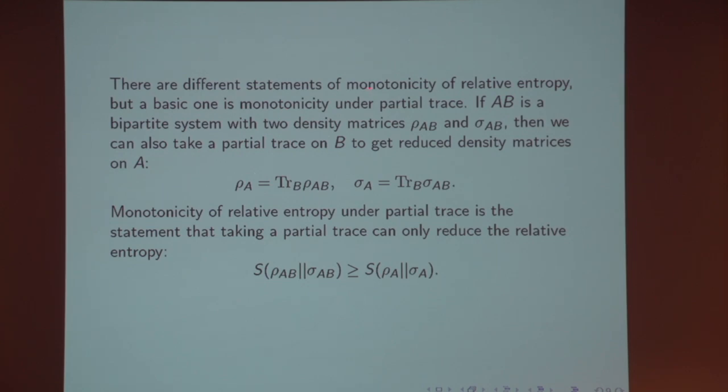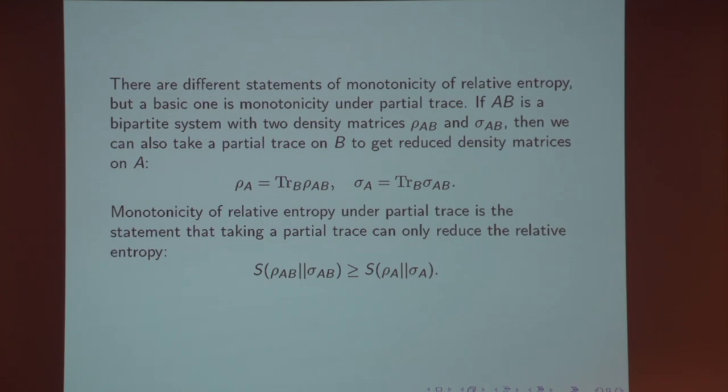So there are different statements of monotonicity of relative entropy, but a basic one is monotonicity under partial trace. If AB is a bipartite system with two density matrices rho and sigma, as we keep doing, you can take a partial trace on B to get reduced density matrices on A. And monotonicity of relative entropy says that taking a partial trace can only reduce the relative entropy.